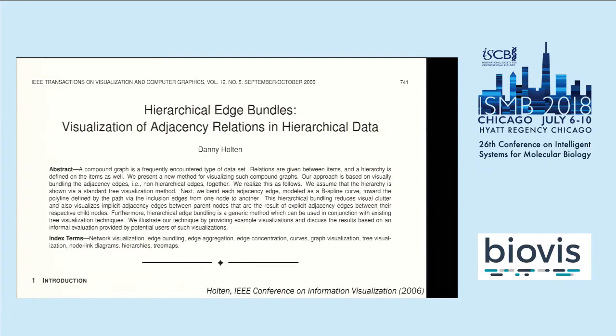As you can see, it has a single author, which is also quite rare, although I noticed going through these classic papers that there are a lot of one or two author papers, maybe a few more, in this list of highly cited Viz papers. Okay, hierarchical edge bundles, very important for network visualization.